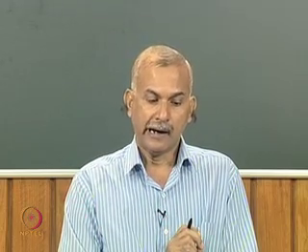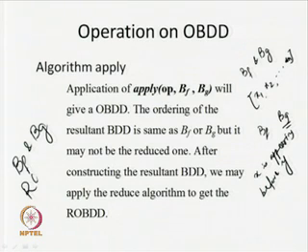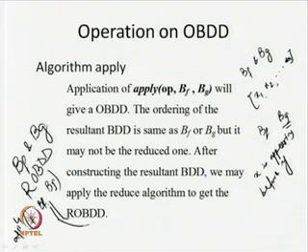So, when we use this particular apply operation, we give two BDDs BF and BG, and say that these two are ROBDDs, reduced ordered binary decision diagrams. After application of this operator, say plus BF and BG, what will this apply algorithm return?